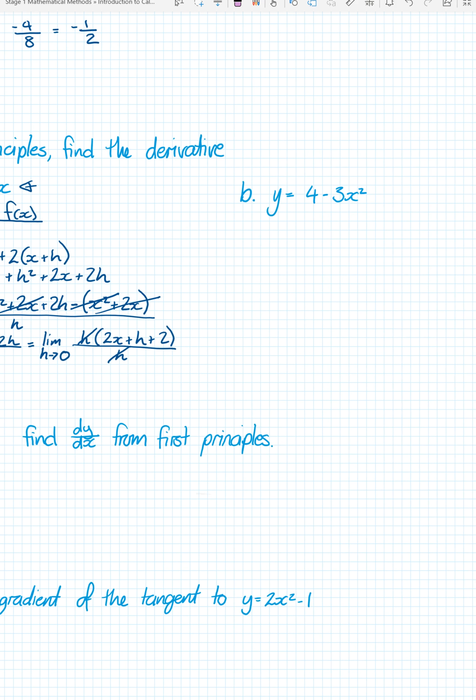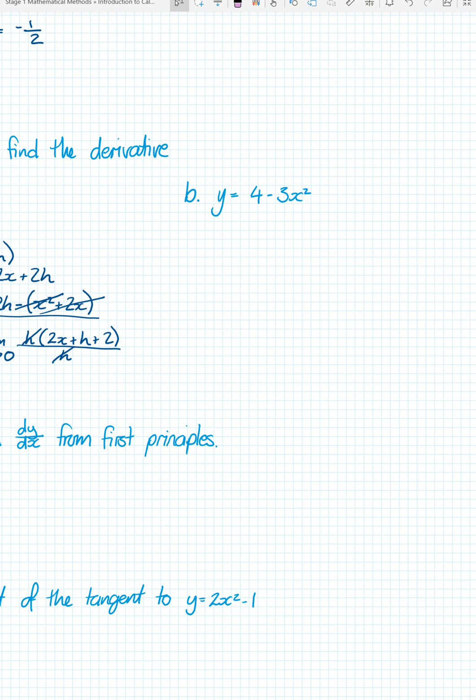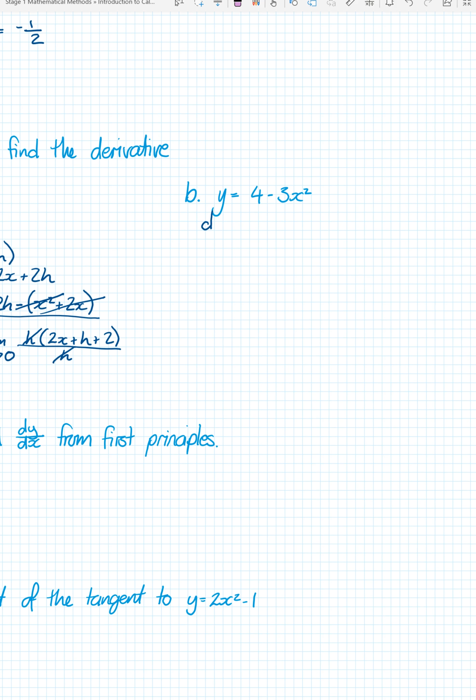Okay, the derivative of y. Now remembering that the derivative of y is dy/dx. Done exactly the same way, just the different terminology. So it's still the function at x plus h minus the function at x over h.